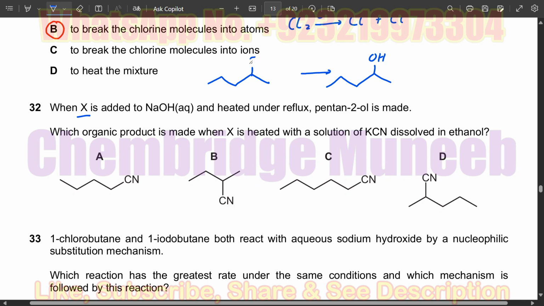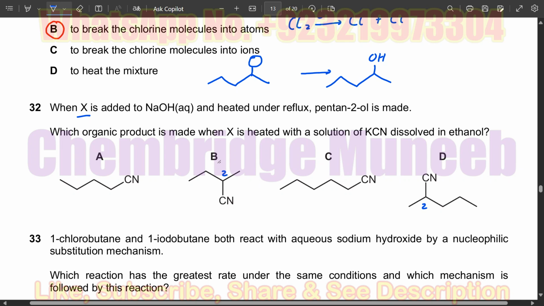It should be some group present over here that must be converted into the OH. So at the same position number 2, let's see which can give us position number 2. This is position number 2, this is position number 2, the rest are not correct.